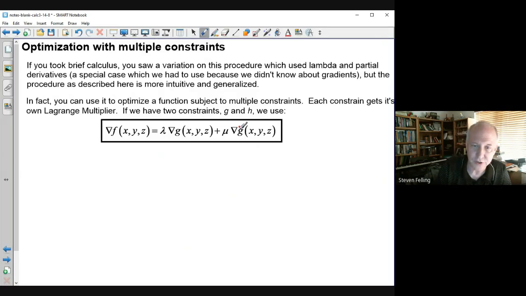Let's call this h, another constraint curve, okay? Then each of those would have to be scalar multiples of the gradient for the function. And that means we would maybe use lambda for the multiplier for the first one, and then some other letter, like, for example, mu as the Lagrange multiplier for the second constraint. And this could be extended to any number of constraints, right? So it's very flexible.